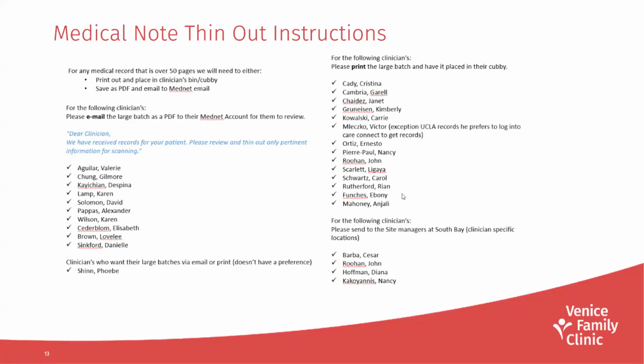So this is the example of our instructions. These are providers that prefer emails for the over 50 pages. And then these are our providers who prefer to be printed out. For South Bay, as of right now, we're sending it to these providers until we get further instructions.